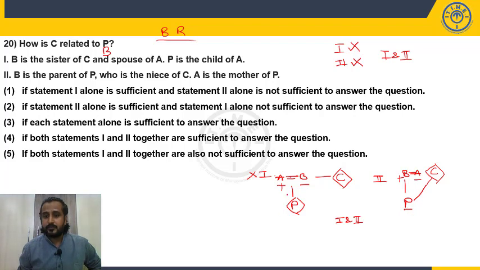By combining these two, I am able to say the gender of P, but I can't say the gender of C. So even both 1 and 2 together are not sufficient. So choice 5 is my answer. Because the gender of C is not known in both the statements. When you combine also, we don't know the gender of C. Fine.